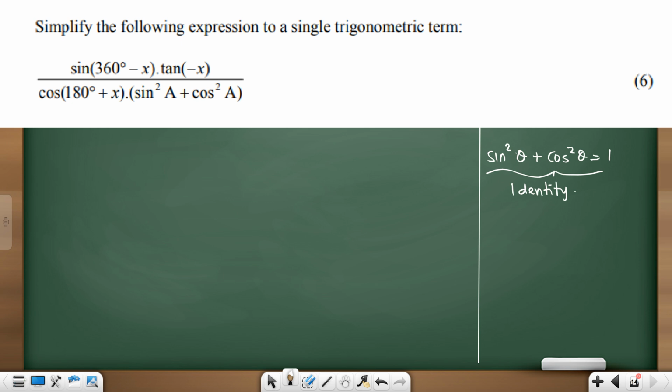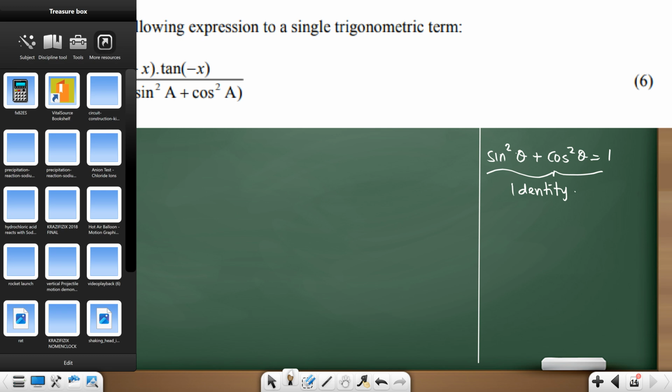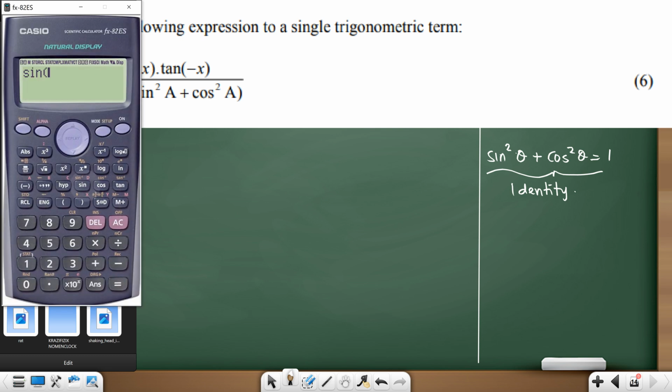Let me show you that on a calculator before you start. Sine, let's use any number, 25. That's how I write it. Plus, if I use the same 25, check my answer, it's 1. Any number, sine 89 squared, that's how we write it on the calculator, plus cos of the same number, it must give you 1.